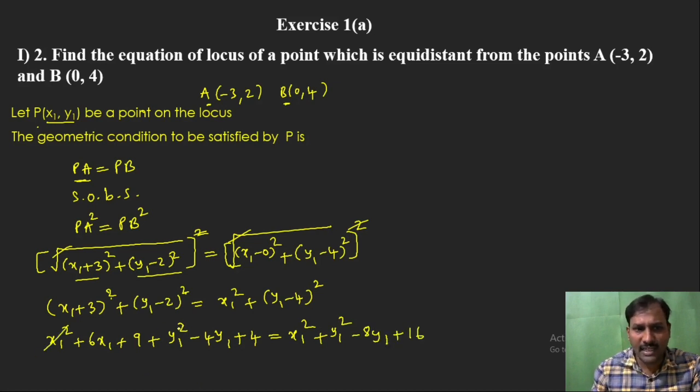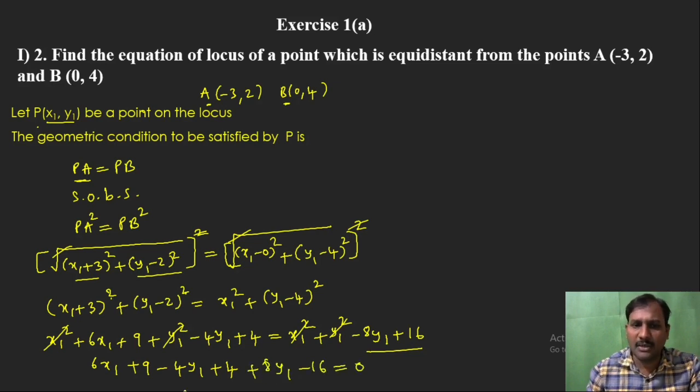So both sides x1 square plus y1 square get cancelled. What is remaining now? 6x1 plus 9 minus 4y1 plus 4. Bring these two terms to the left side. It will become 8y1 minus 16 is equal to 0.